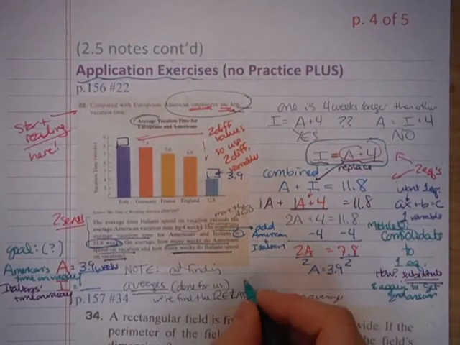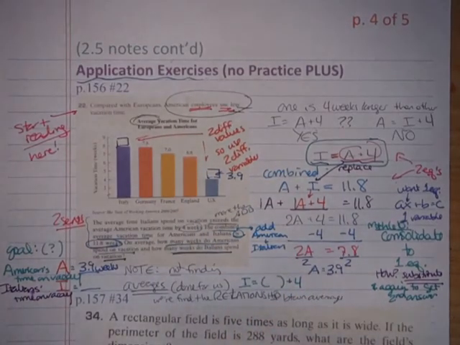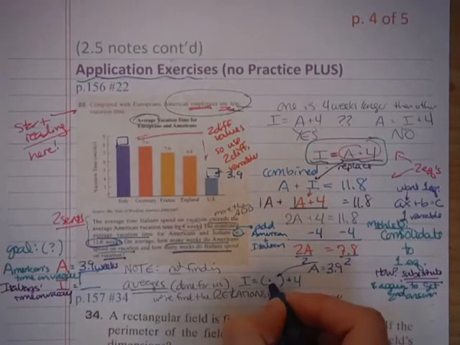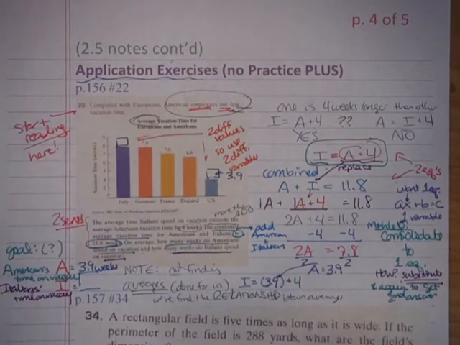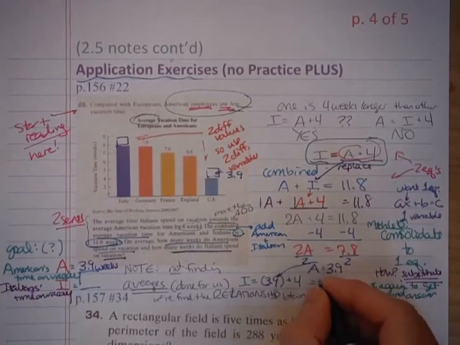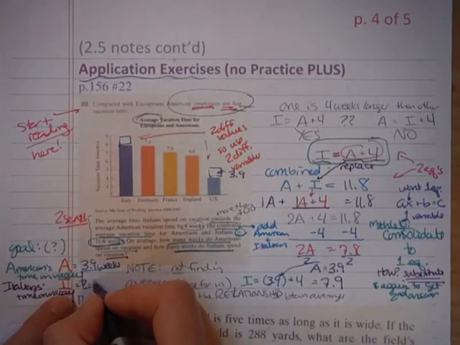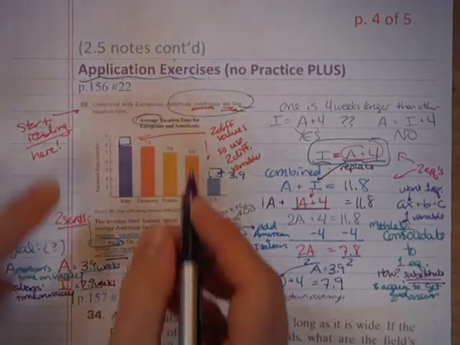So we'll take our I equals a plus 4. We'll plug in our a value of 3.9. And 3.9 plus 4 is going to be 7.9. And then we can double check here. So we've got 7.9 weeks for our Italians.